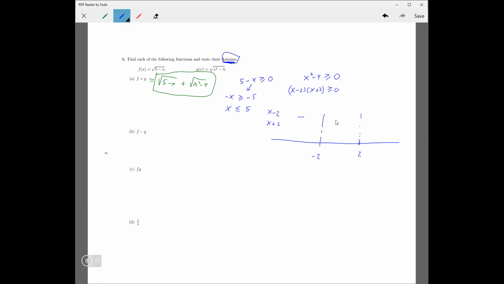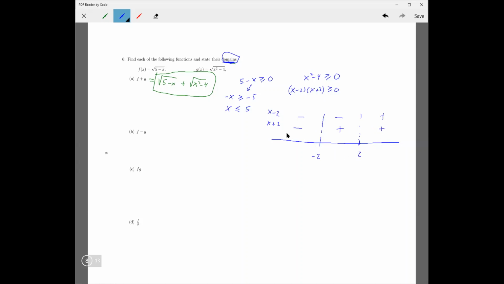If you plug in a 0, it gets negative. It doesn't matter what the value is. What matters is whether it's positive or negative. And then over here, it's positive. For this one, it's negative, positive, positive.